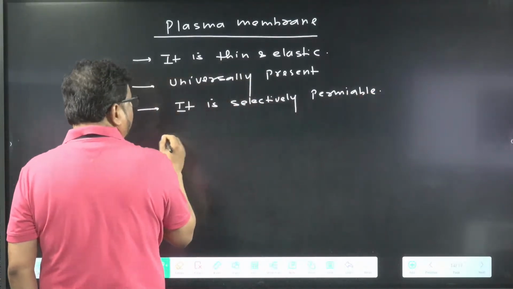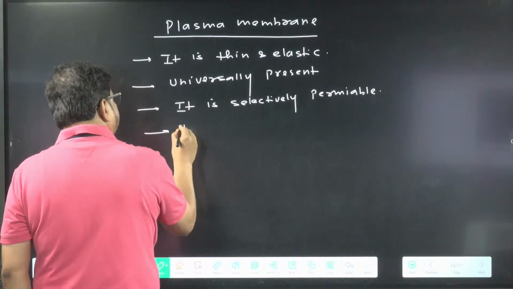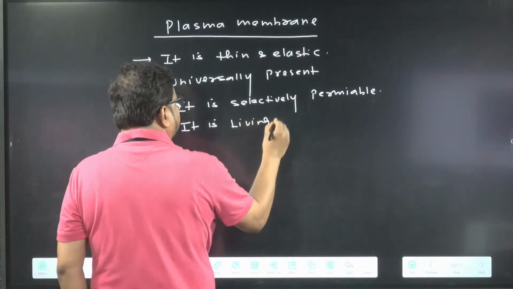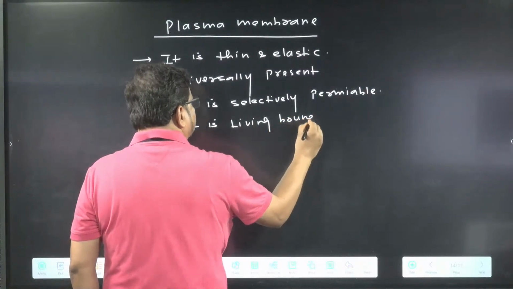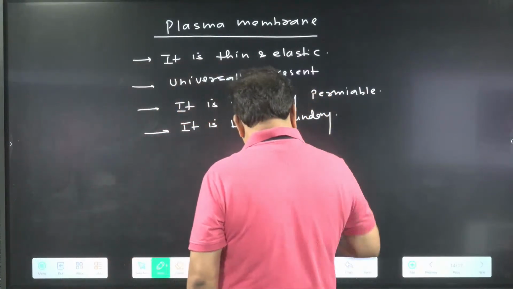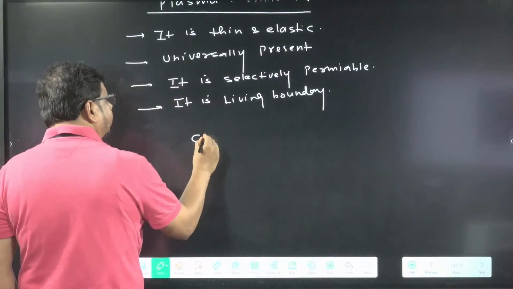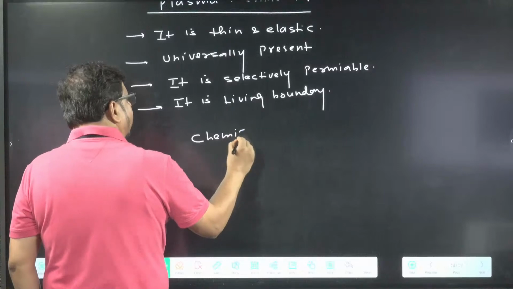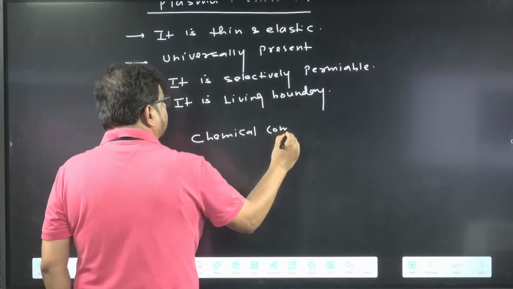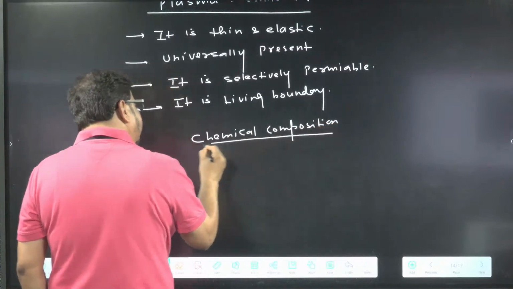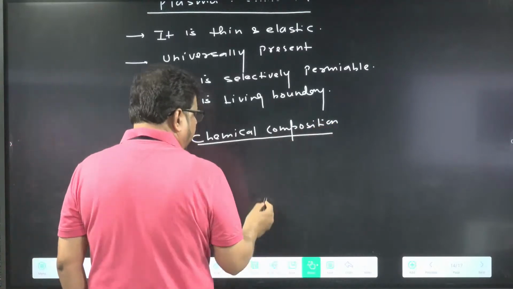It is a living membrane. It is a living boundary. Plasma membrane is also called the living boundary. Now we are going to talk about the chemical composition of plasma membrane.